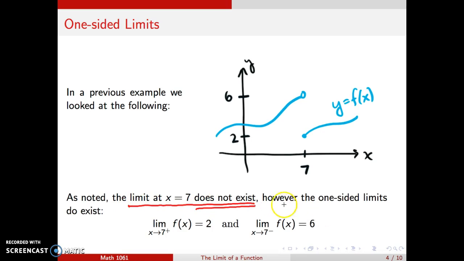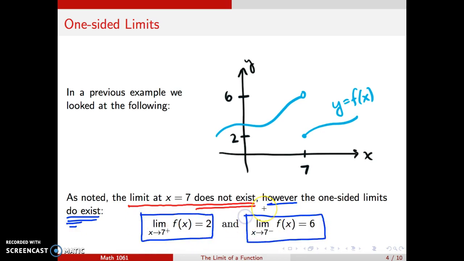However, the one-sided limits do exist. We mentioned this in a previous video. If you go back and look it up, we just didn't use that notation; we just wrote it out. So again, the limit of f of x as x approaches 7 from the right is 2.